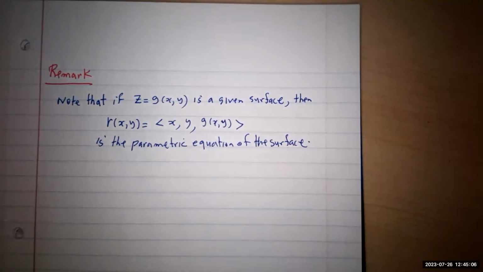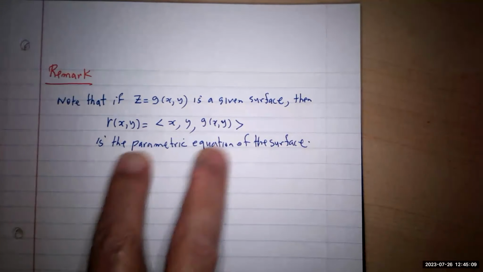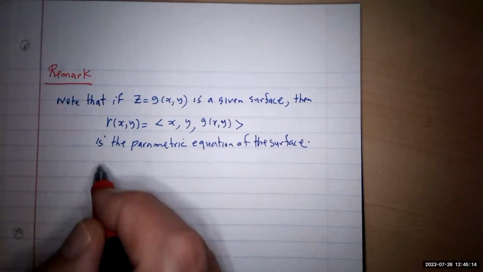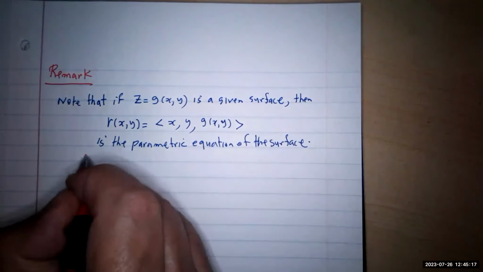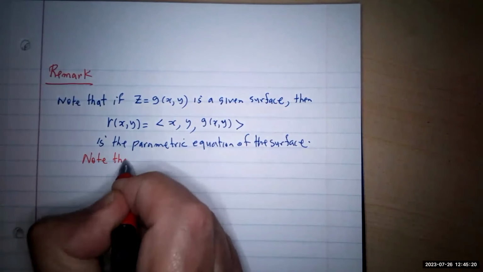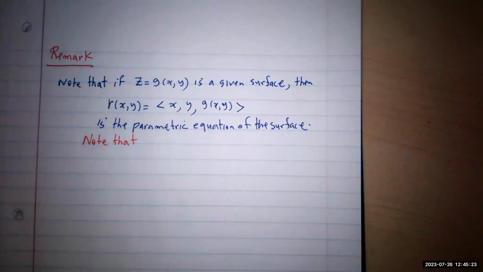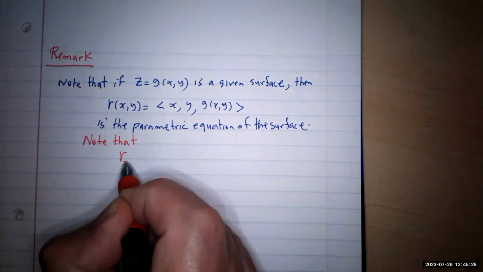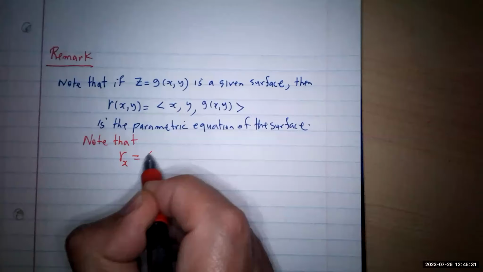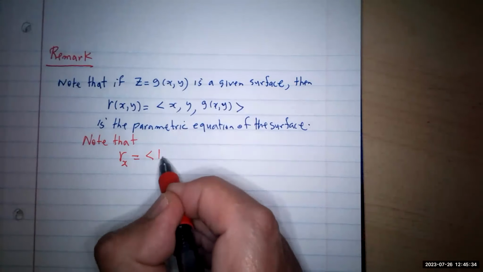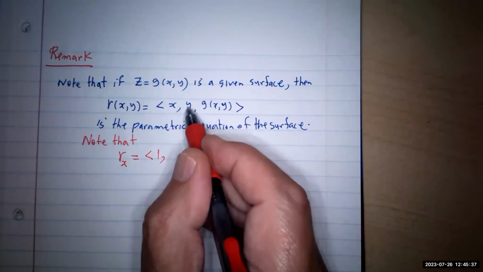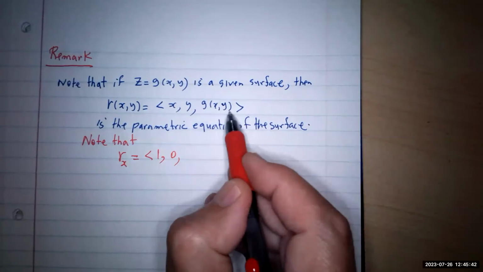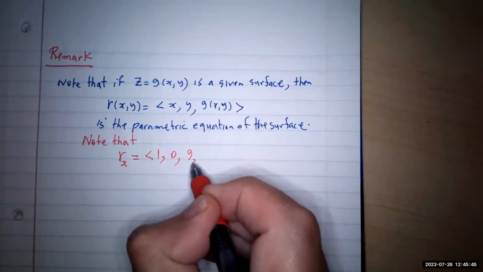Now let's find the normal vector as is. If you want to find the normal vector, note that you need to differentiate, partial derivative with respect to the parameters. The parameters are x and y, so the partial derivative with respect to x is: derivative of x is 1, derivative of y with respect to x is 0, and the partial derivative of this function with respect to x, we call it g sub x.